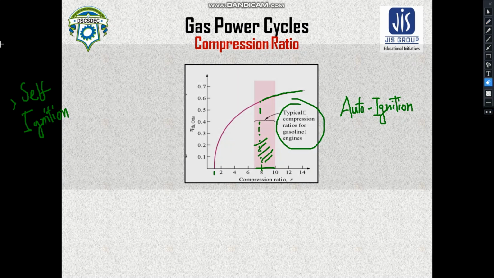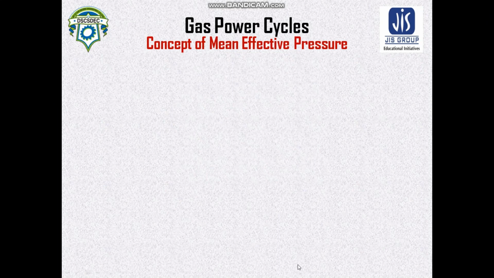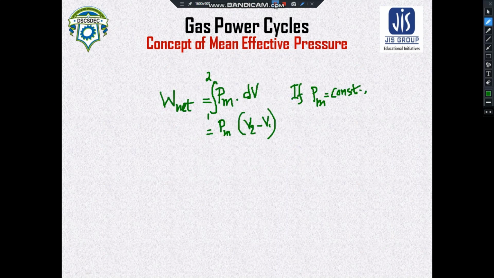Okay, with this, let us now see what we mean by mean effective pressure. Before that, I would like to write a formula so that it becomes easier to understand. This is the general formula of displacement work, or the PdV work, which I have told you many times.